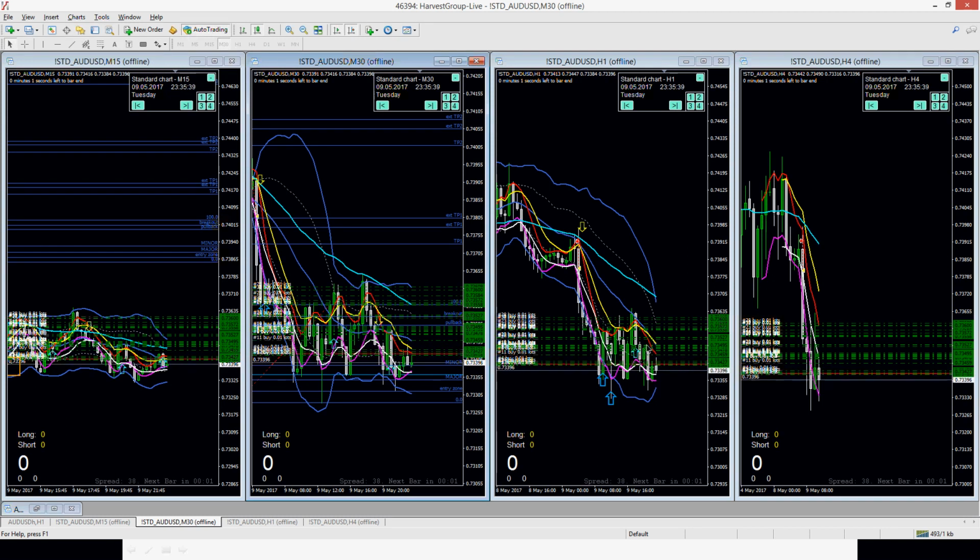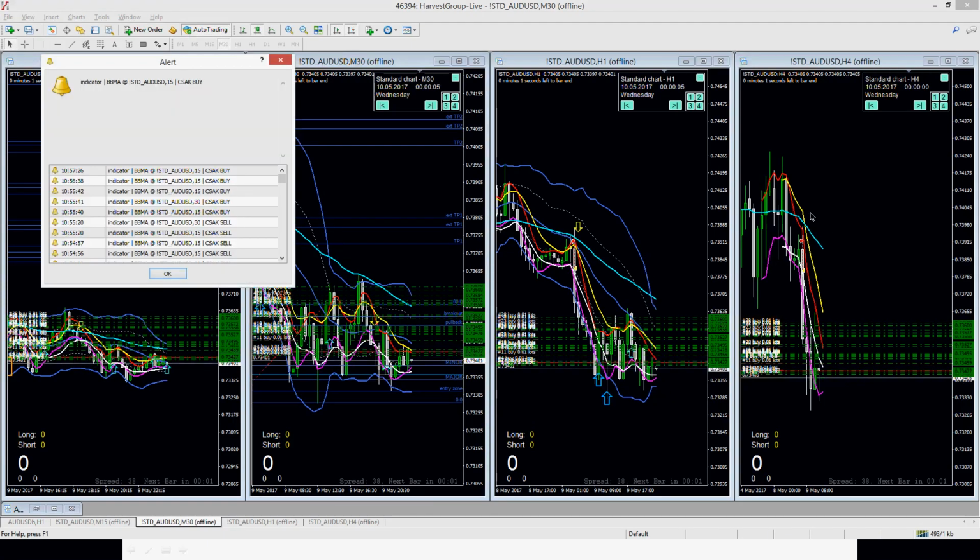There's a potential re-entry sell at H1 in the middle BB, and also a re-entry sell here at M30. It all depends on if, for me, I would have taken profit earlier on, but let's just see what happens on this particular setup, because there hasn't been any momentum as of yet. The price is already going sideways on H1.